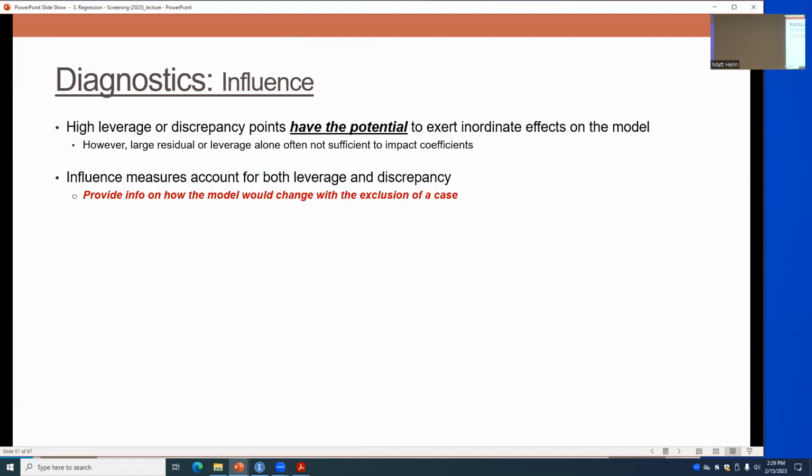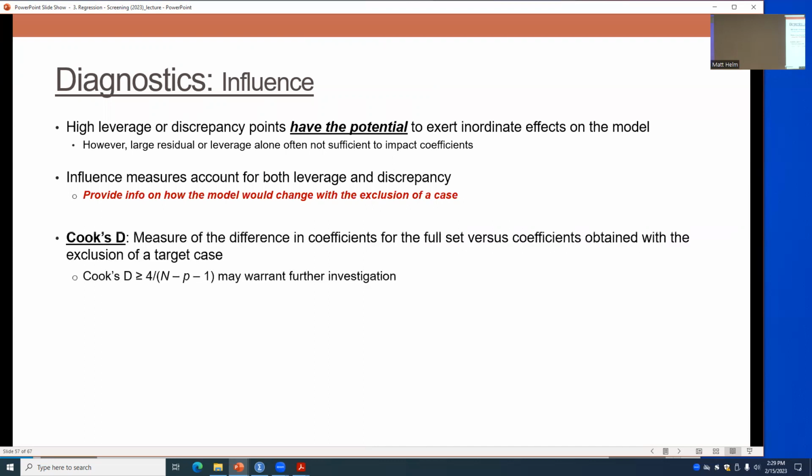But a large residual or a large leverage alone isn't necessarily enough to start sort of throwing our model around. So what we have here are measures of influence. Influence is the combination of both leverage and discrepancies. This is giving us a sense for how our model would change with the inclusion, or without the inclusion, of individual cases. Okay, so a couple of different metrics that we can think about.